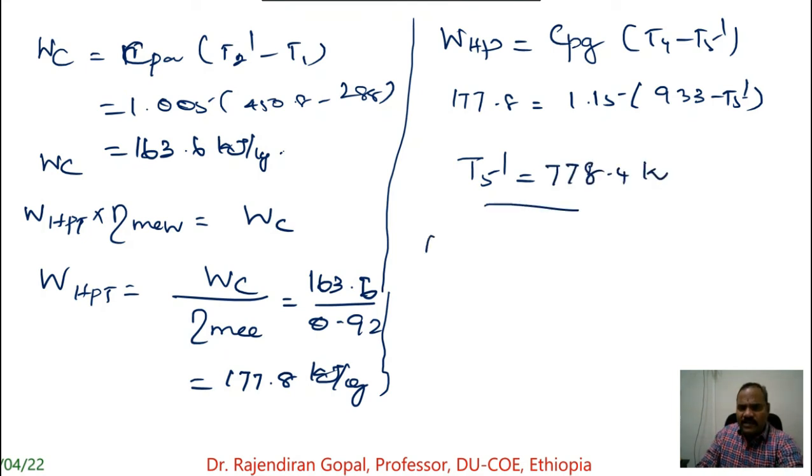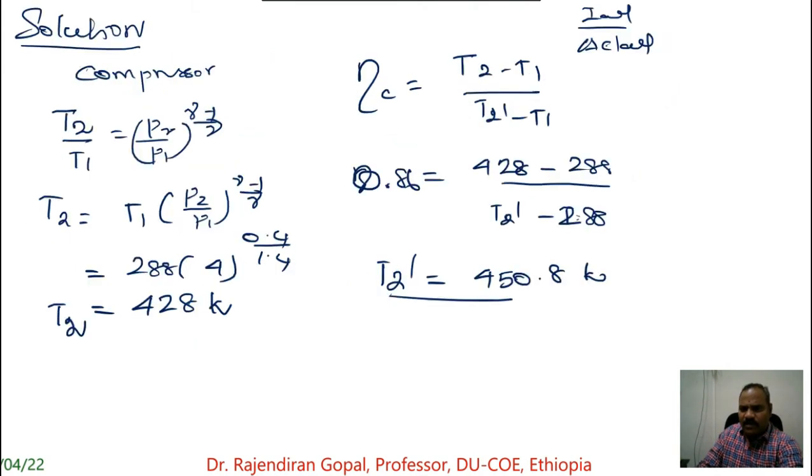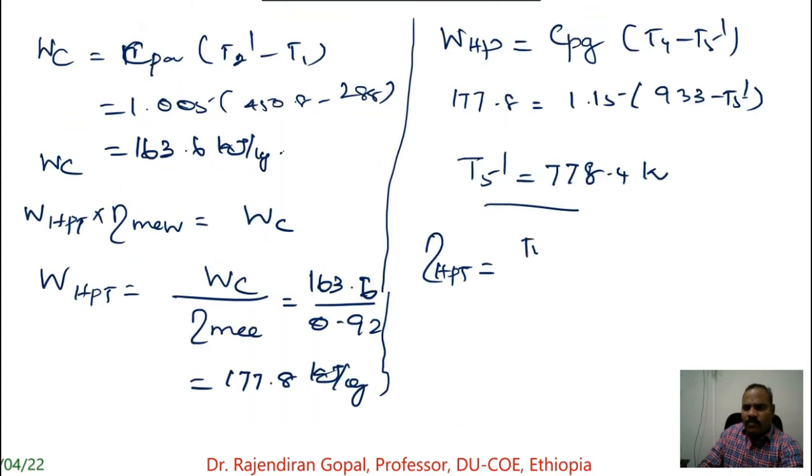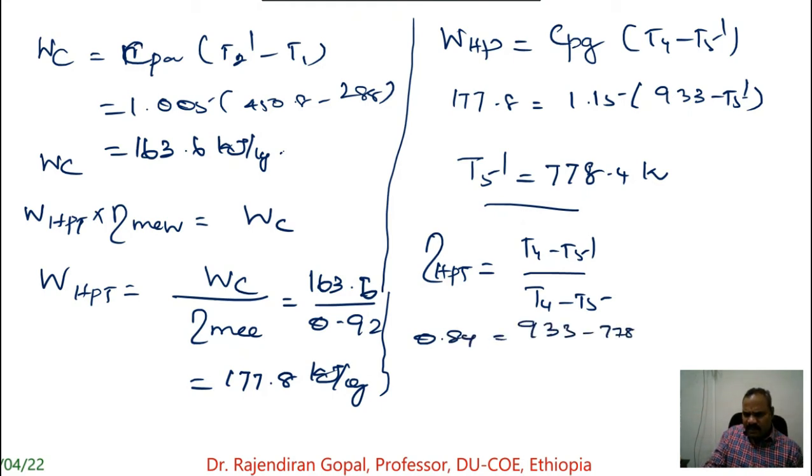Now we know that the isentropic efficiency of the high pressure turbine is equal to actual expansion over ideal expansion, T4 minus T5 dash over T4 minus T5. Isentropic efficiency of the high pressure turbine 0.84 is equal to 933 minus 778.4 over 933 minus T5. We get T5 is equal to 749 Kelvin.